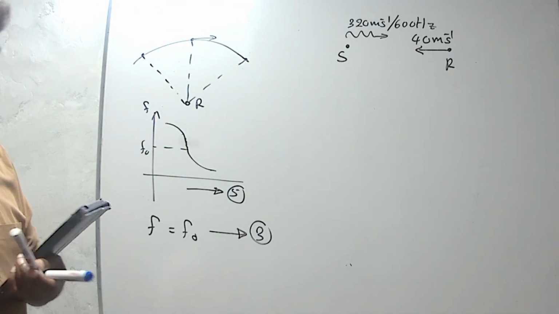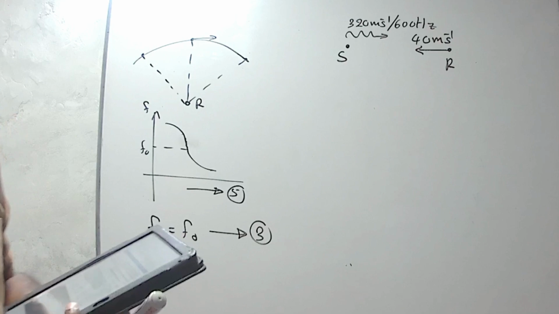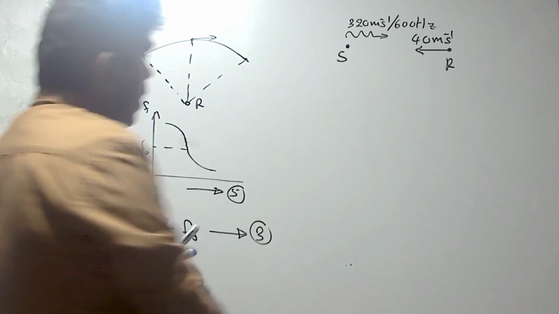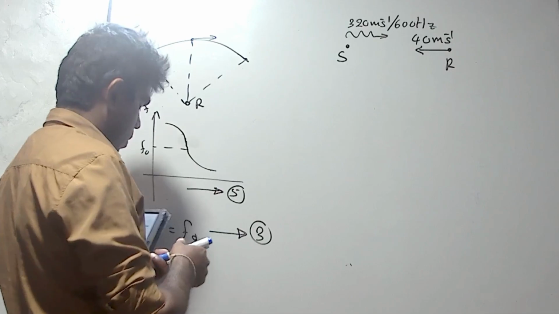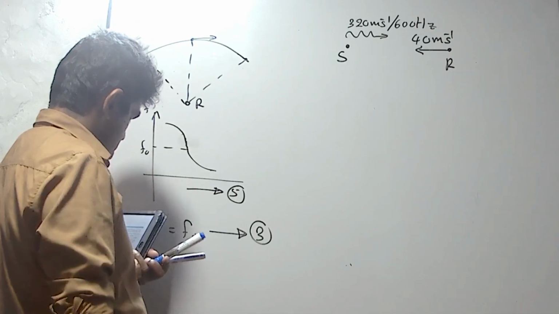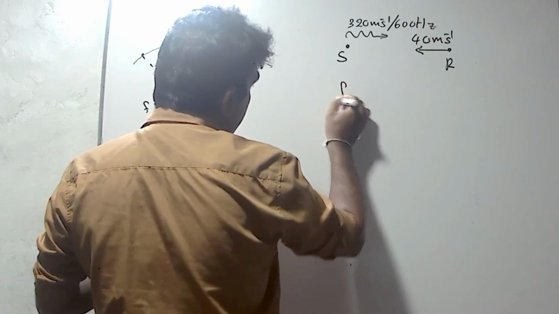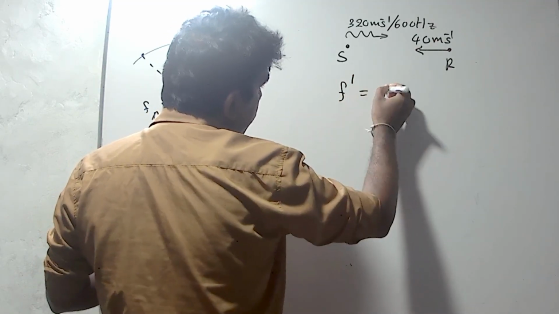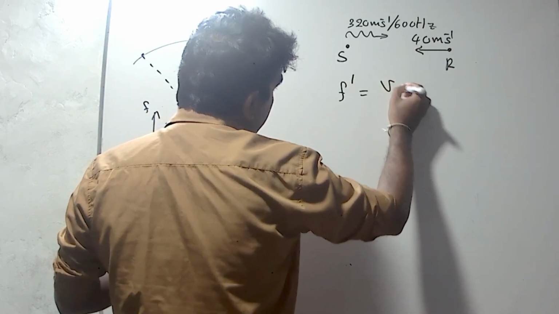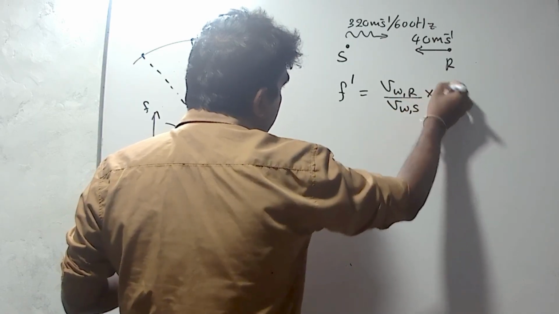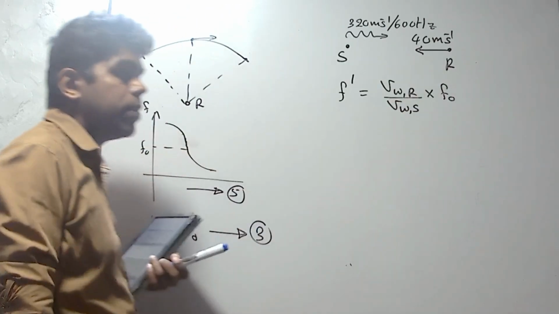Again I will write the equation related to the Doppler frequency. f dash equals the velocity of wave relative to receiver divided by the velocity of wave relative to source, multiplied by the real frequency.